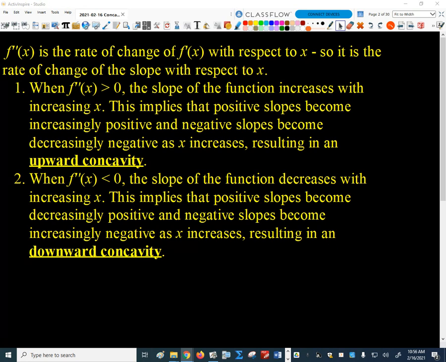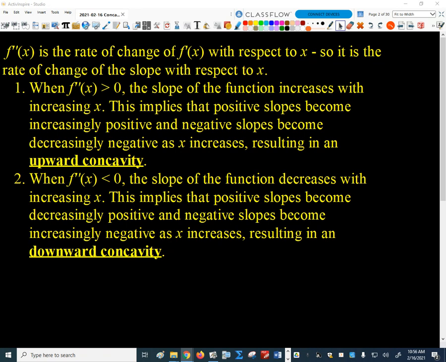Doesn't that mean that if the ant were walking on a part of the curve with a positive slope, and the second derivative were positive, then in order for the slope to be increasing, the ant would see increasingly steeper and steeper positive slopes as he moved in the positive x direction? Everybody get that? The slope would be getting steeper as he moved to the right.